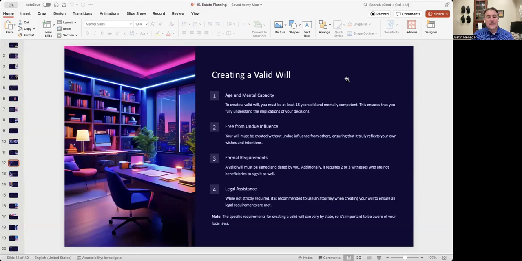In most cases, it needs to be witnessed, and in some cases, it needs to actually be notarized. Okay, and there are companies out there, LegalZoom is probably a very common one, in which you can create a will online. But in many cases, you might want to go and talk to an estate planning attorney to help you draft a will that's going to align to your specific needs and circumstances.